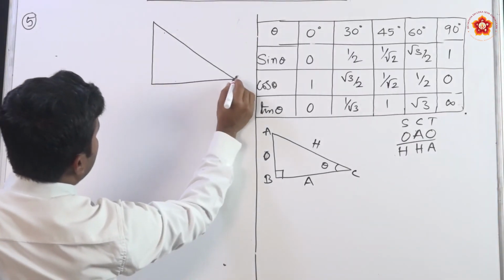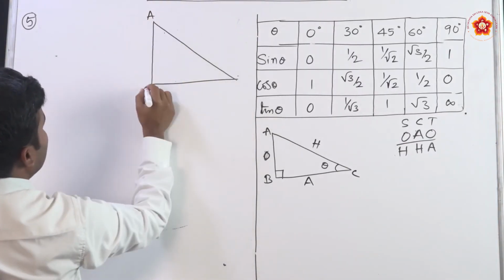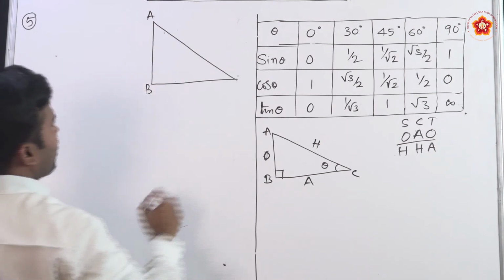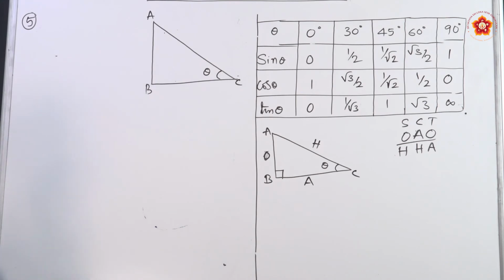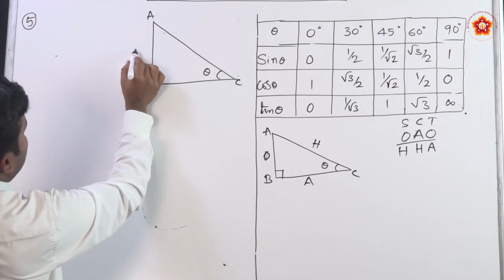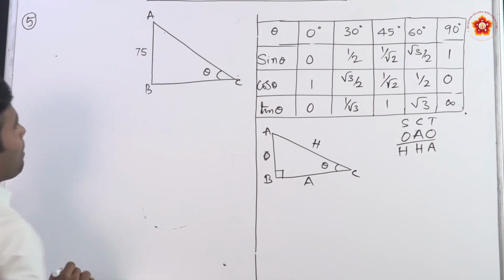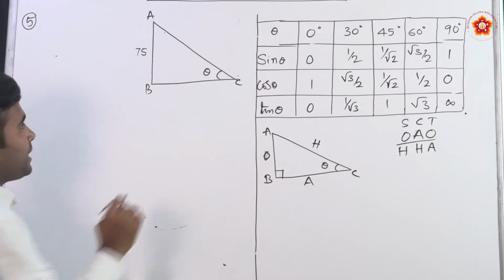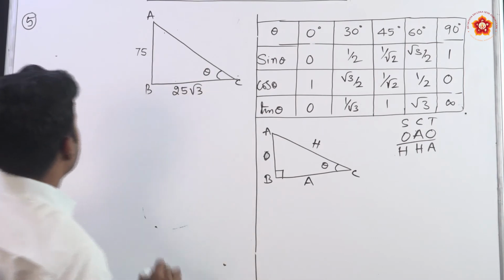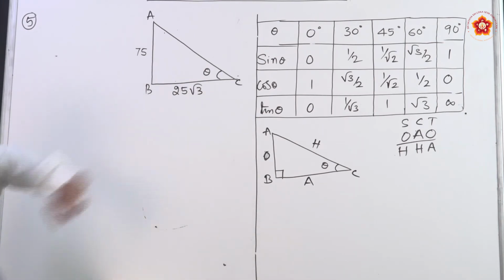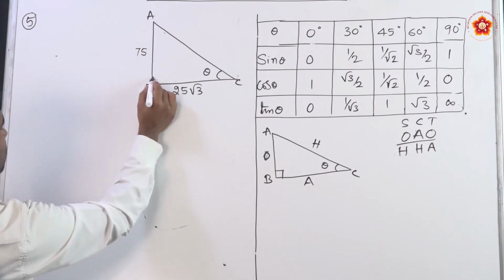I will take AB as the height of the pole, and this is C, and this is the angle of elevation that we need to find. The height they have given is 75 meters, and the length of the shadow is 25 root 3.